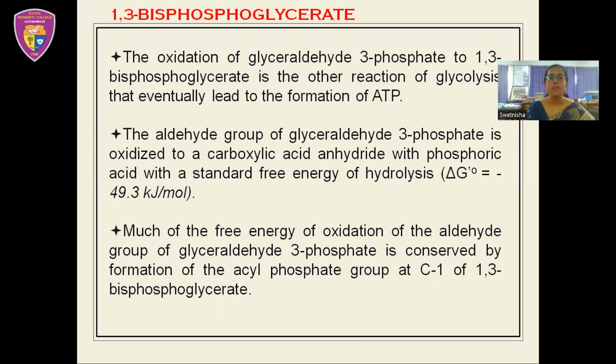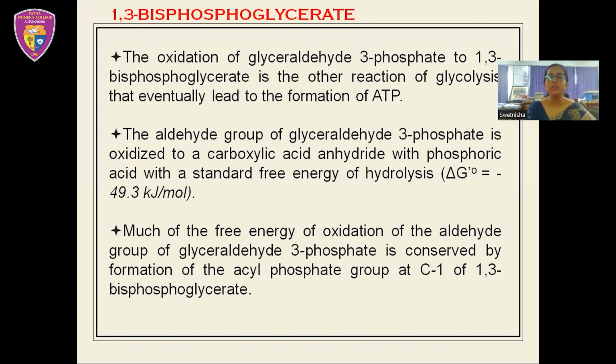Here you can see it also has a very high negative standard free energy, and much of this free energy released by the oxidation of the aldehyde group of glyceraldehyde 3-phosphate is conserved by the formation of the acyl phosphate group at carbon 1 of 1,3-bisphosphoglycerate. Now what happens here?